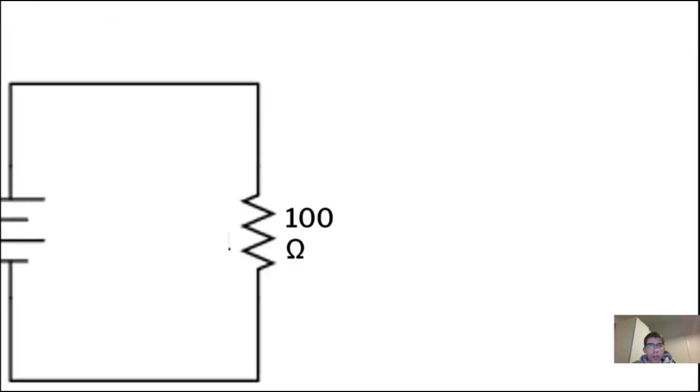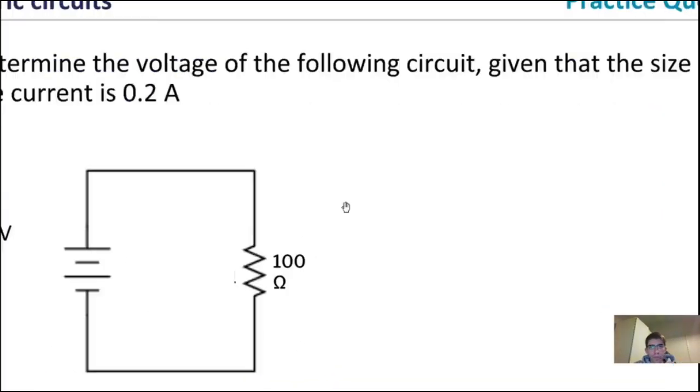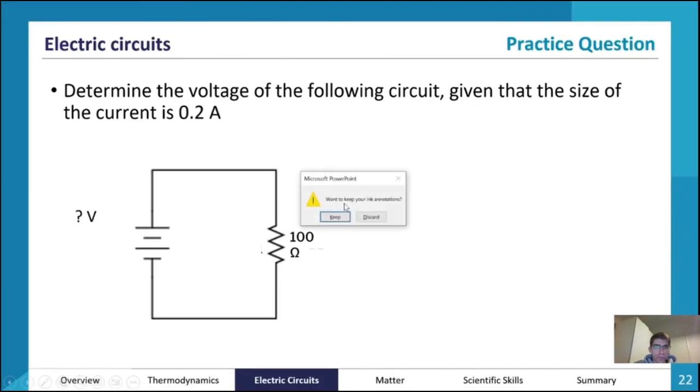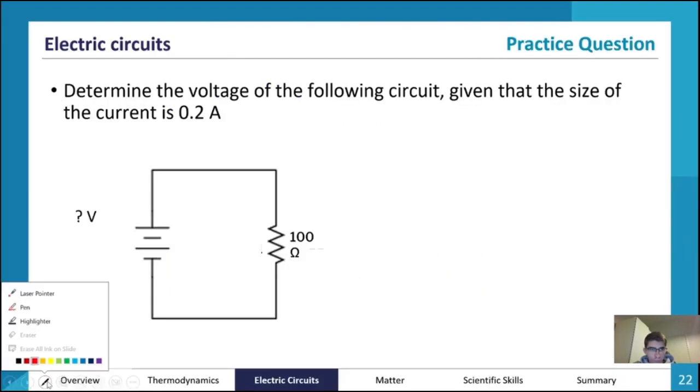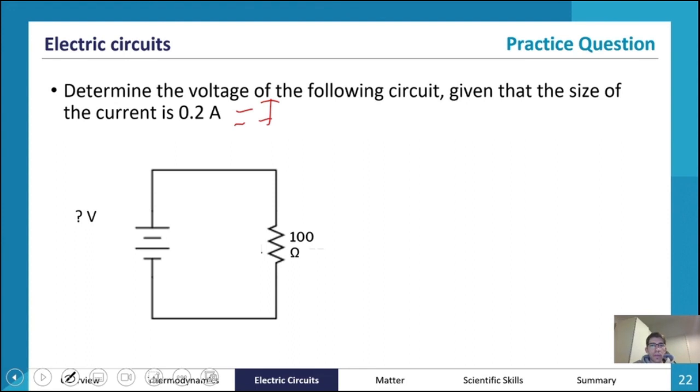Well, with a resistance of 100 ohms and a current of 0.2 amps, we know that the equation is V equals IR.